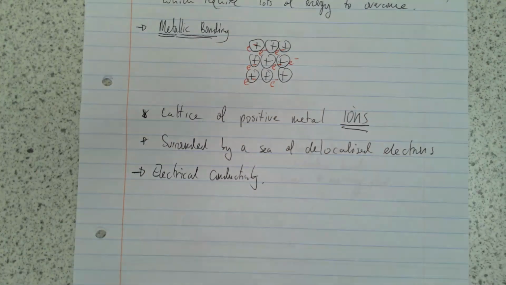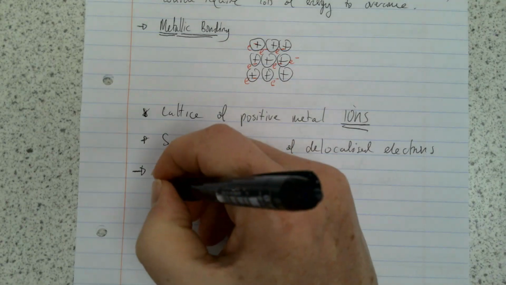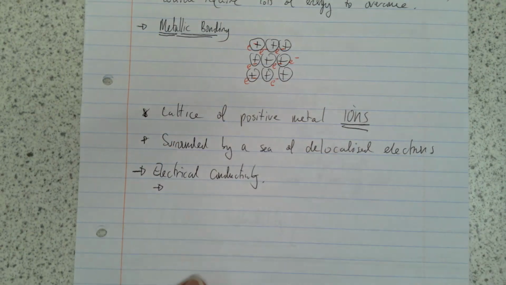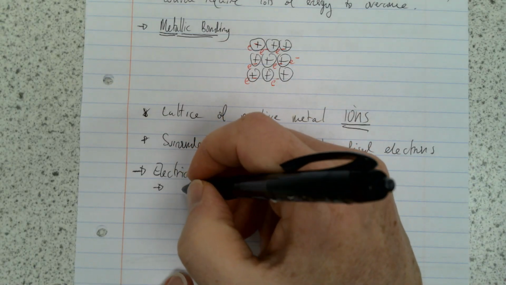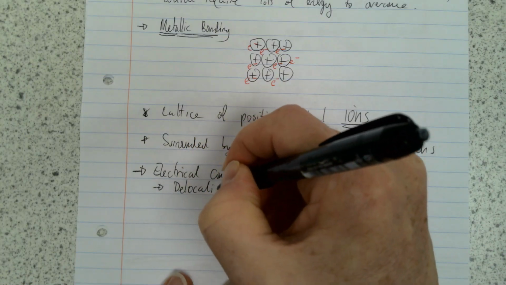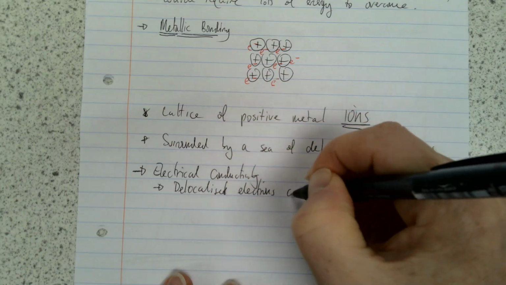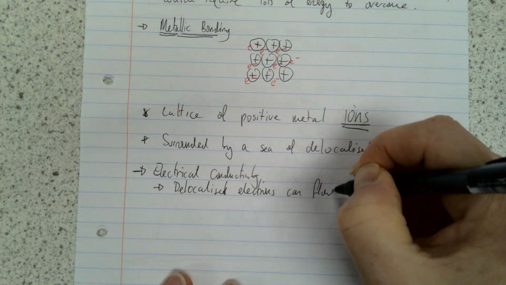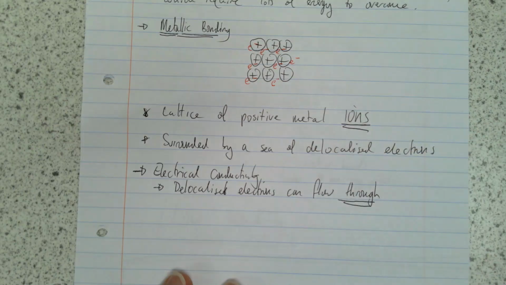You probably get away with saying something about delocalized electrons, but the GCSE answer is pretty perfect, so why not use that, which is that delocalized electrons flow through, not throughout, but we're implying they go from one place to another.